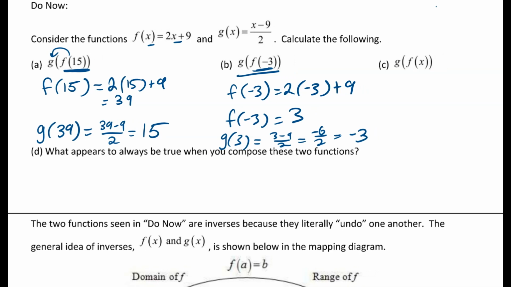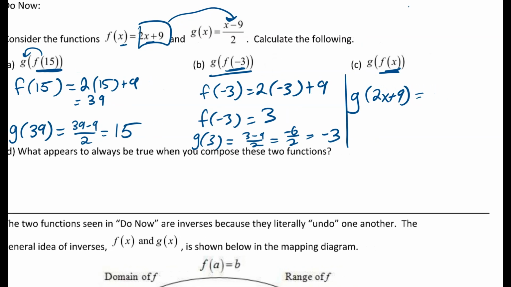So let's just do it one more time more generally. Rather than picking any particular input, I'm just going to plug in the whole function f of x, that 2x plus 9, as an input for my x value. So for g of 2x plus 9, let's see what happens.